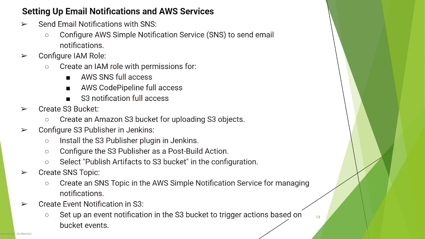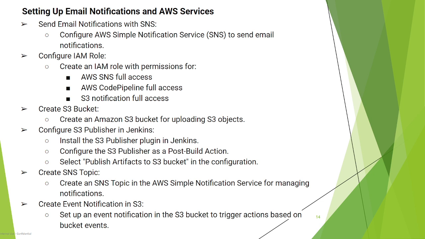To do that, you need to set up some configurations in AWS. First, you need to send email notification with SNS. To do that, you need to configure the AWS Simple Notification Service to send an email notification.